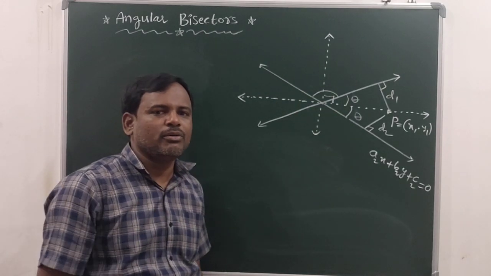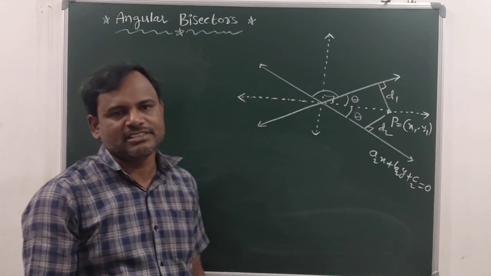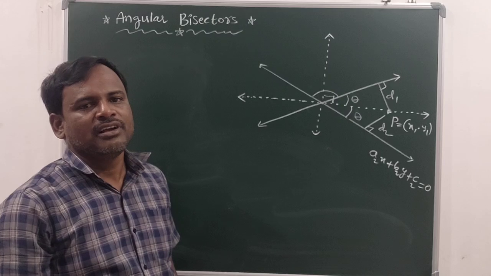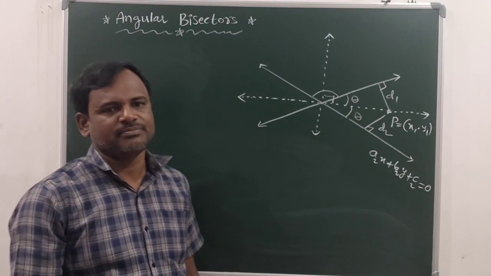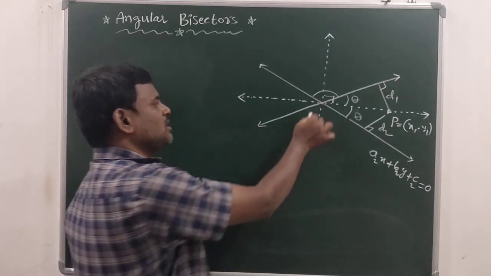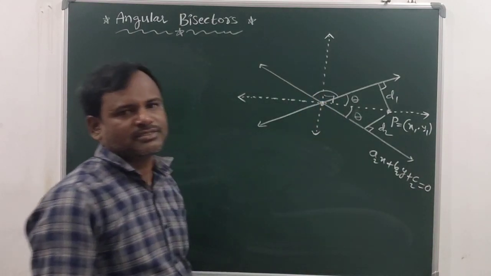The point you have to remember here is that the angle between the angular bisectors is always 90 degrees, mutually perpendicular. Angular bisectors always intersect at 90 degrees to each other. So this is the point of concurrency of the given lines and angular bisectors.